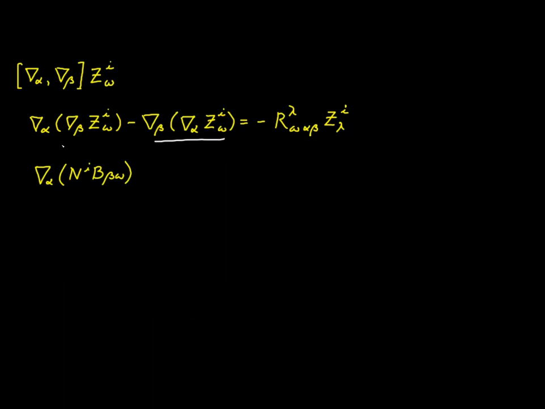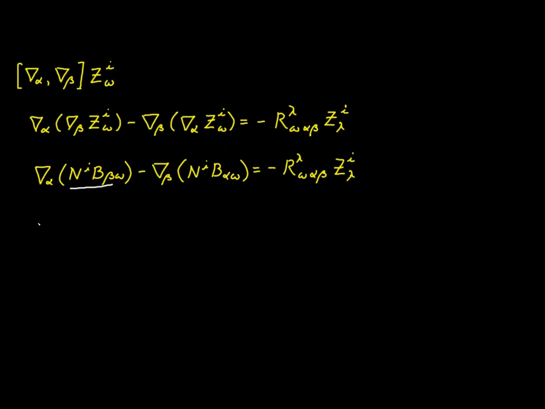Now this term is the same as this one, except it's negative and alpha and beta have been swapped. So what we can do is simply copy this term over here, making it negative and switching alpha and beta. Well, what we have now is a product of terms, so we'll apply the product rule to expand this out.